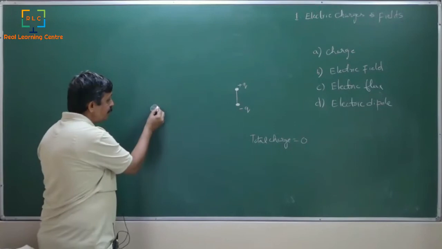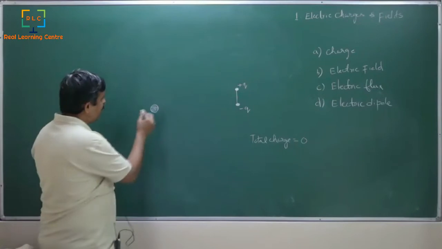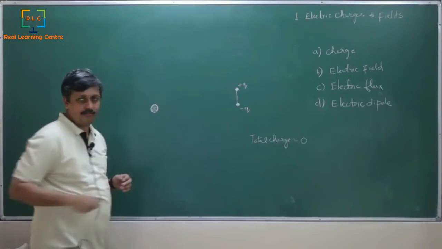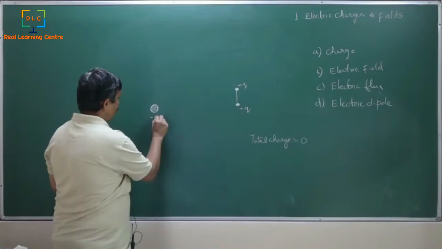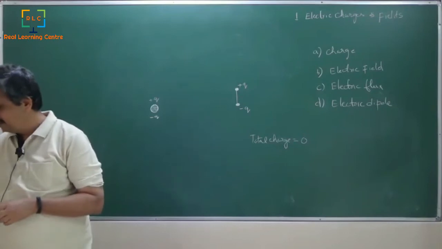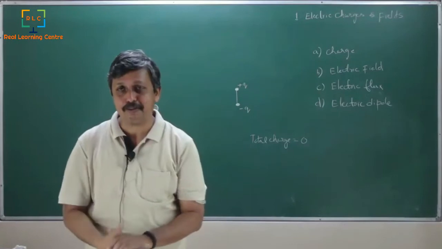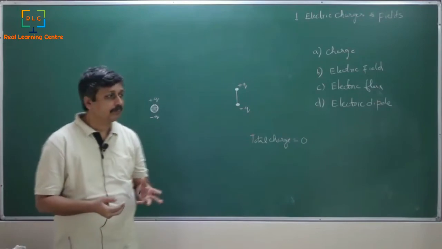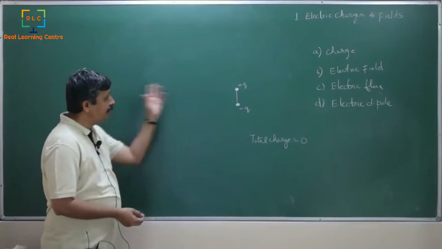If you had put a negative charge minus q exactly at the same point, plus q and minus q in the same position, it's not possible in the same place, in space you can't put two things together at the same time.